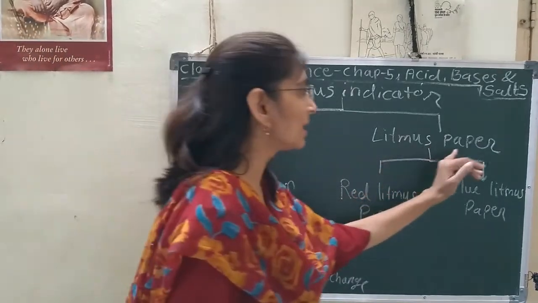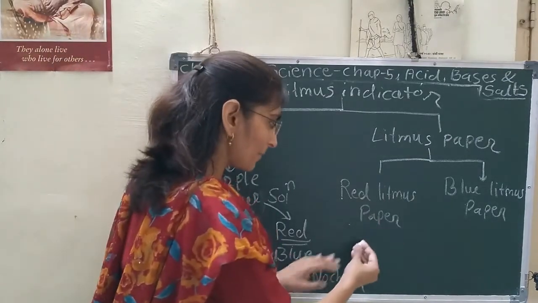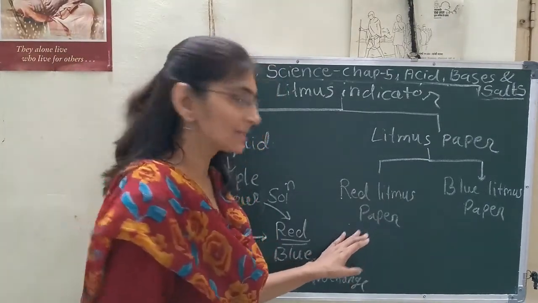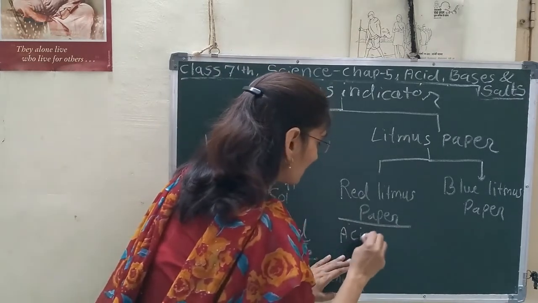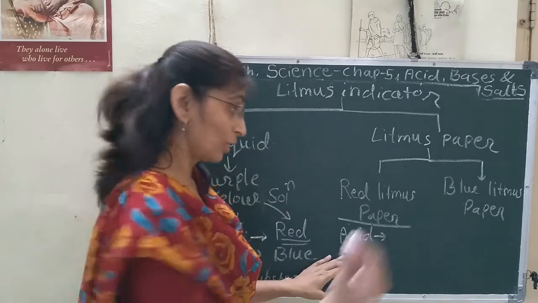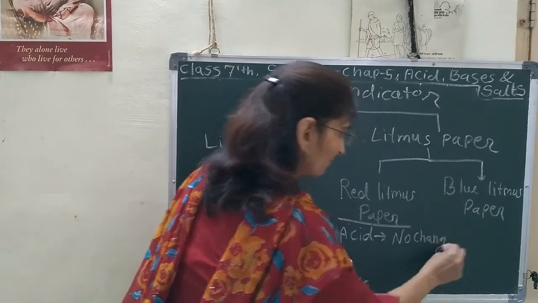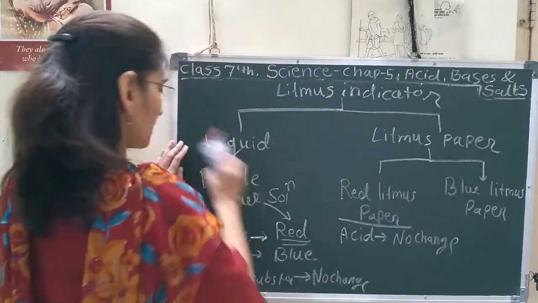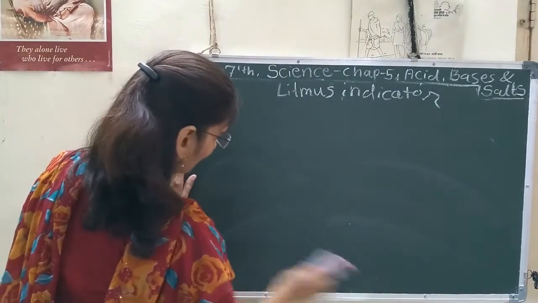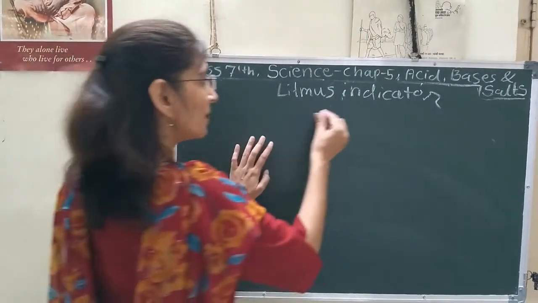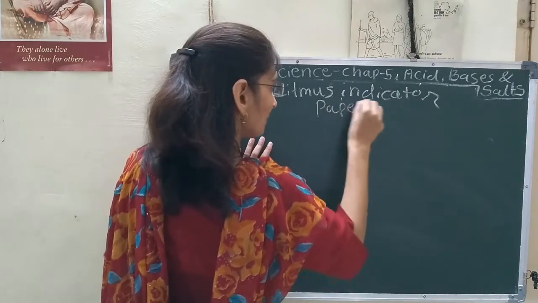Then we will discuss the litmus paper. So when the red litmus paper reacts with acid, what will happen? When red litmus paper reacts with acid, no reaction, no change. Okay, we will discuss here litmus indicator, litmus papers.